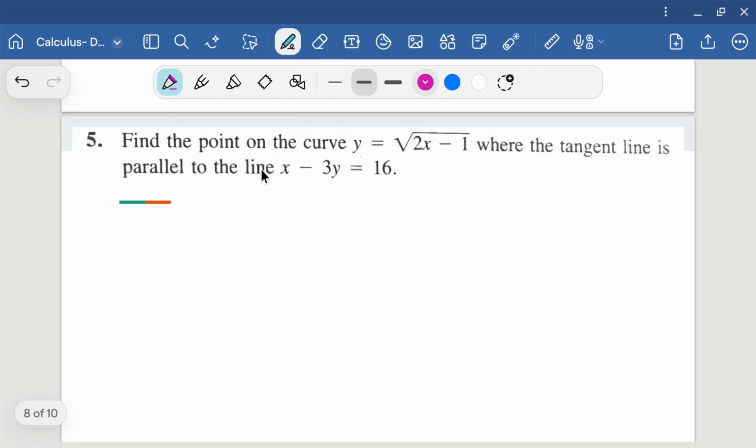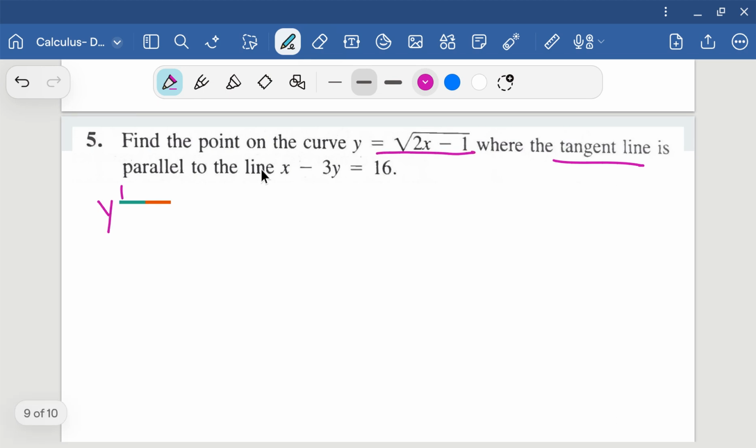Moving on to our next one, and I believe we're almost done here. We had 2 more questions on this practice test. So this one is asking us to find the point on the curve of y equals the root of 2x minus 1, where the tangent line is parallel to the line x minus 3y equals 16. So what we want to do here first, if we're looking at that tangent line, is figure out the slope of y equals the root of 2x minus 1.